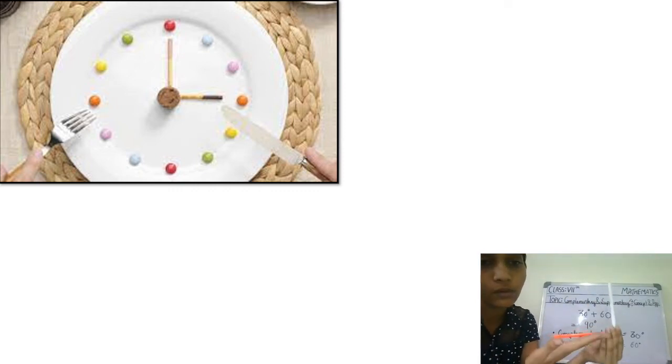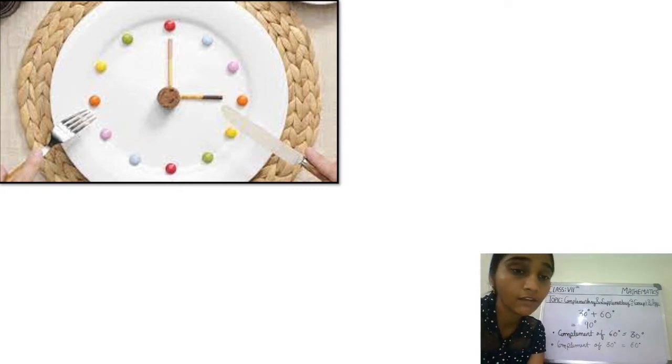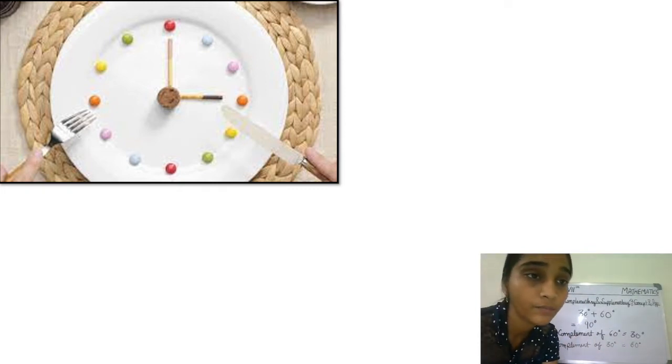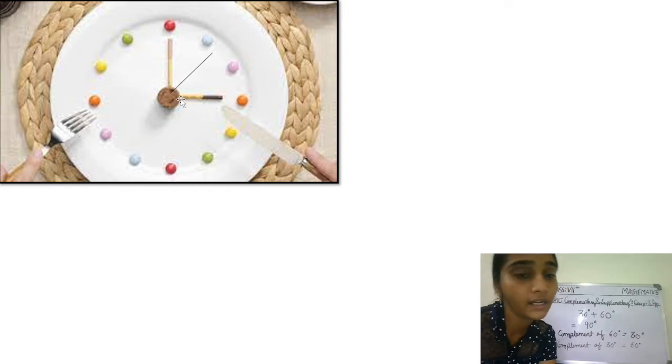The perpendicular from the base is making the 90 degree angle. So here also you can say that if I draw a line in between, it is showing us the complementary angles, because we are getting what over here? Yes, the sum of these two angles will be 90 degree.